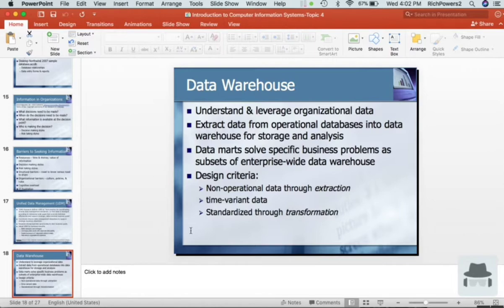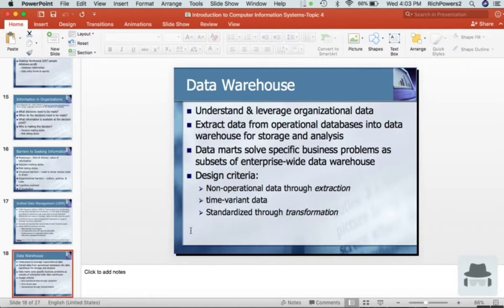So, data warehouse. A data warehouse is a tool that was developed as a means of supporting decision making. If we look at the ERP applications we talked about in the last section, they are very good at gathering information, but not necessarily good at reporting it. So a data warehouse is another specific type of computer platform, specifically designed to extract information from operational systems like ERP or CRM and put it into a common repository for storage and analysis.